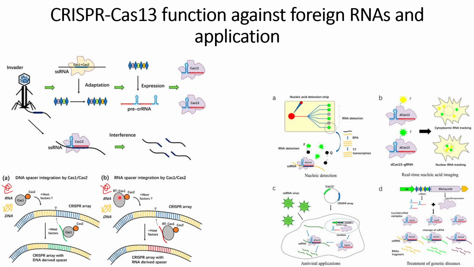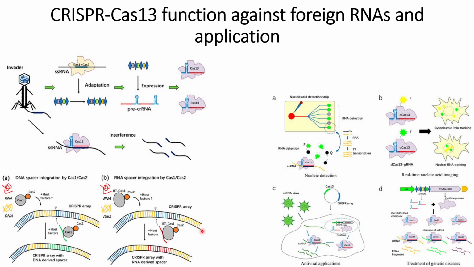RT-Cas1 and Cas2 will form a complex, and RT, meaning reverse transcriptase, helps in the conversion of this RNA into DNA. The cleavage occurs with the help of Cas2 and RT-Cas1, and after reverse transcription of the foreign injected RNA genome, or in other terms the complementary DNA, it will be integrated into the host genome, shown by this pink or red color. So this is how the CRISPR-Cas13 system works.